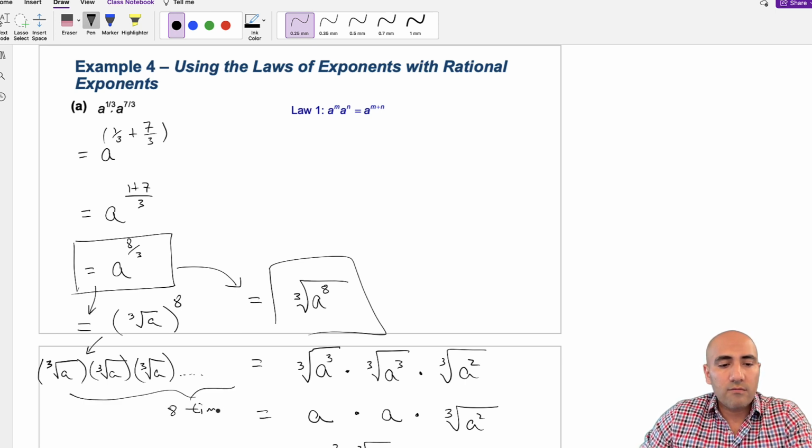But if we have 3 of them being multiplied, that just gives you an a, because the cube root of a represents a value such that when you multiply it by itself 3 times, the answer is a. So the first 3 of these will just give me an a. This will result in a multiplication of 8 items, where the first 3 result in an a, the next 3 result in another a, and then finally we'll end up with 2 of these that do not group up anyway.